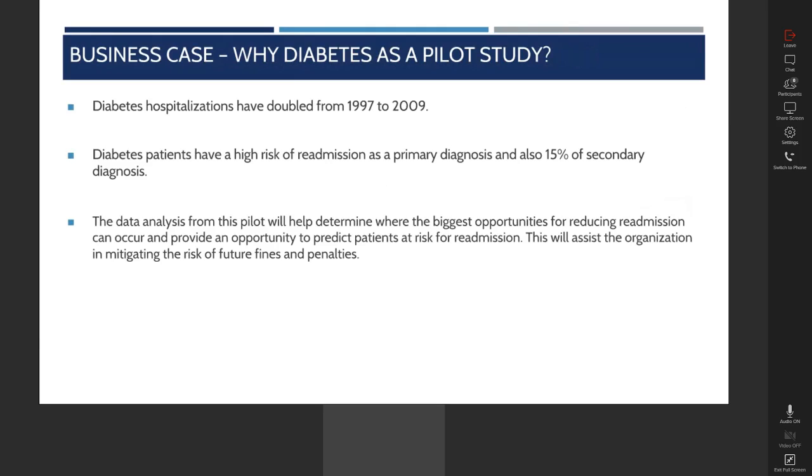The data analysis for this pilot will help determine where the biggest opportunities for reducing readmission can occur and provide an opportunity to predict patients at risk for readmission. This will assist the organization in mitigating the risk of future fines and penalties and will also serve to control cost and improve quality of medicine at XYZ Healthcare.